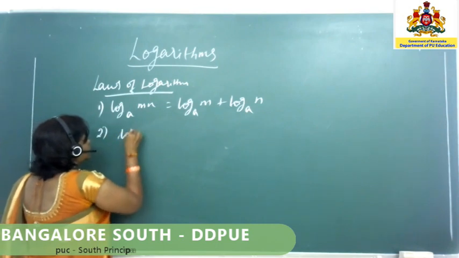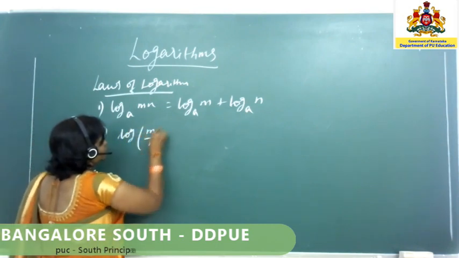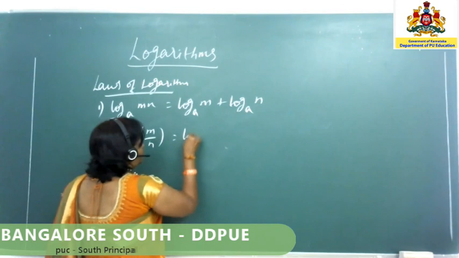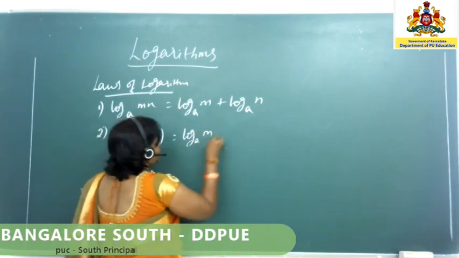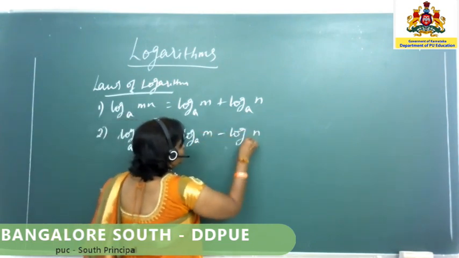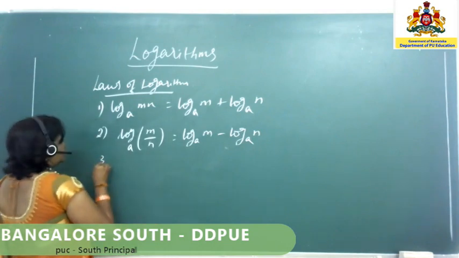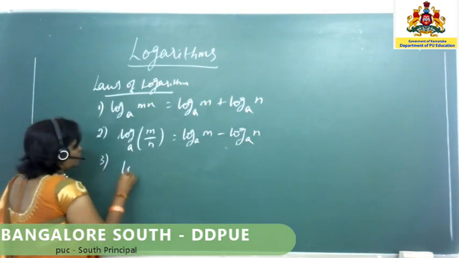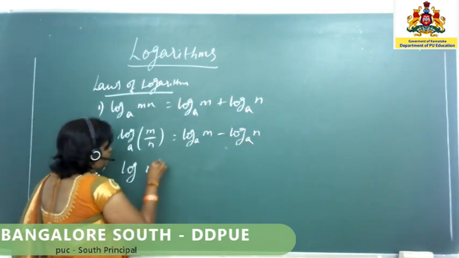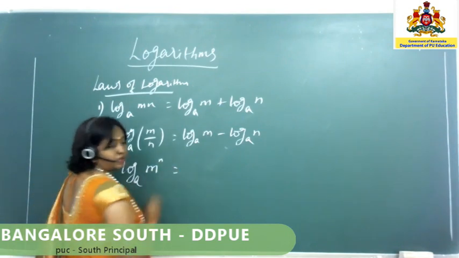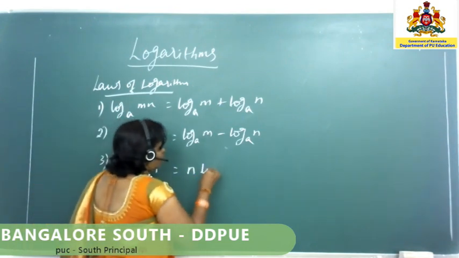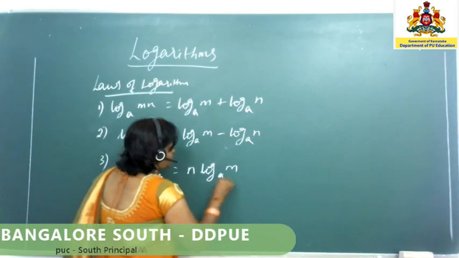Second one: log m by n to base a is equal to log m to base a minus log n to base a. Third one: log m to the power of n to base a can be written as n log m to base a.